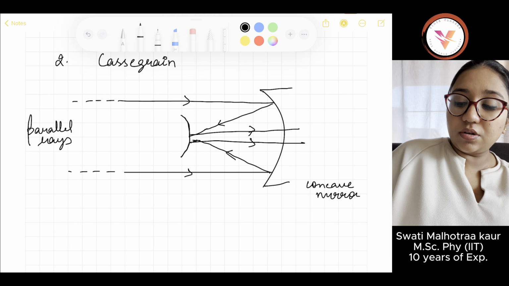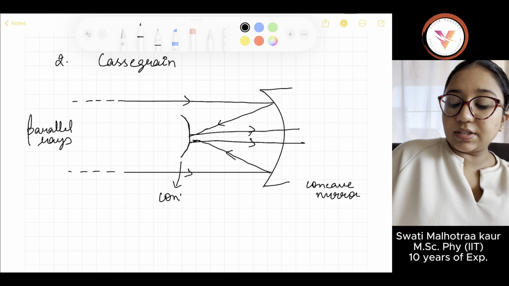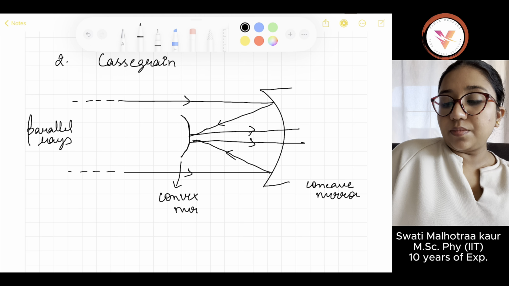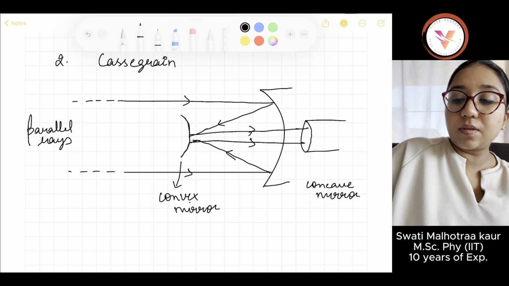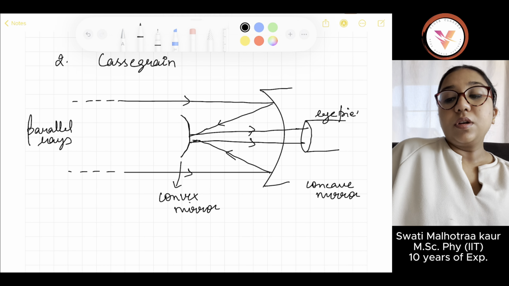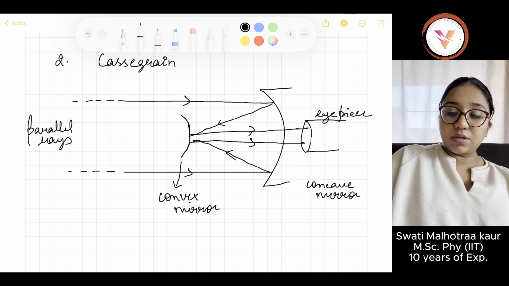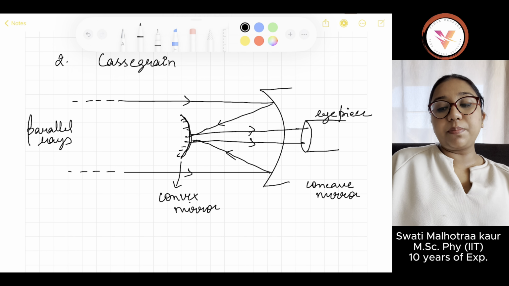This is your convex mirror, and again here is my eyepiece. So here he uses a convex mirror, and there he uses a plane mirror.